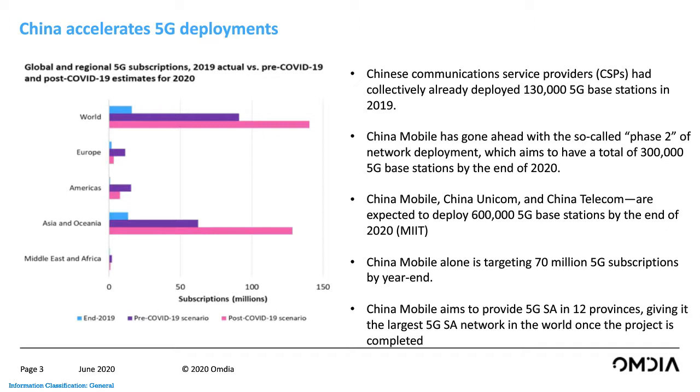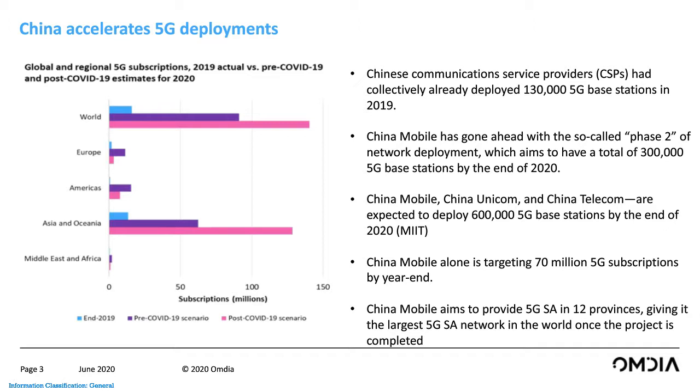China has, in fact, increased the emphasis and the investment in 5G because 5G is seen as a way to get back on track, to get the economy restarted, and to get the industries restarted. So as you can see on my chart, we believe that for this year, the vast majority of 5G adoption is actually going to be in China by the 3 Chinese operators.